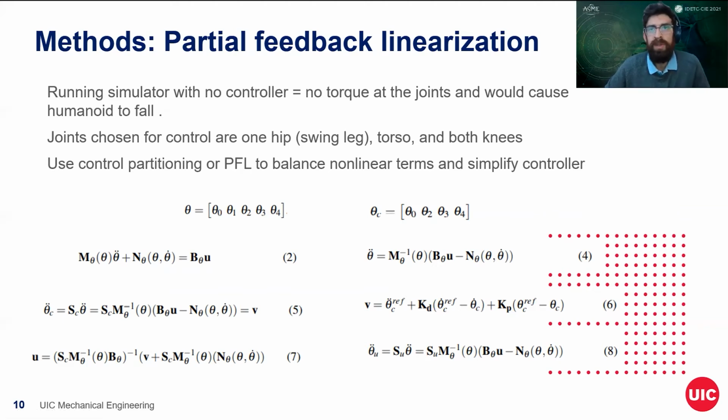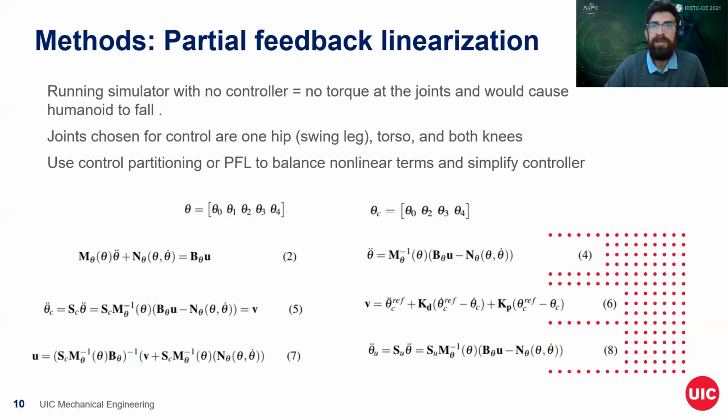These are the equations we use to derive our controller. In a nutshell, we use our equations of motion in the simulator to solve for the state data double dot. And then we use a selection matrix to eliminate the uncontrolled state. The equations for the control states are shown in equation 5. Equation 7 is the controller that has been linearized.